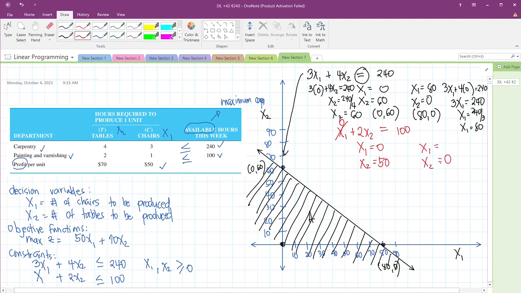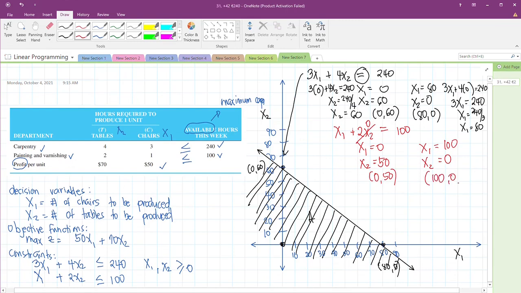So, dito yung first point natin is 0, 50. Nag-shortcut na ako dito ha. Characteristic naman 'to ng mga engineering na medyo mabilis pagdating sa math. Okay? So, if x2 naman is equal to 0, so, x1 naman will be 100. So, yung next point naman natin is 100 tsaka 0.